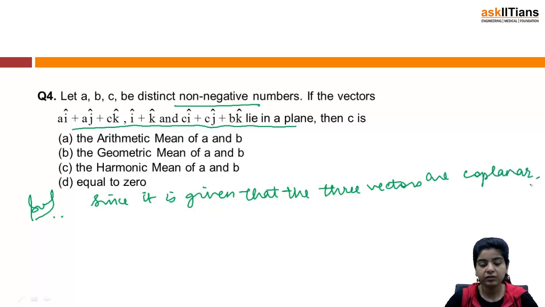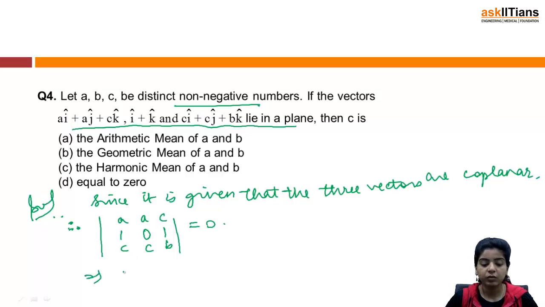Lying in a plane means coplanar, and therefore, if you remember, we have discussed this in lectures, in properties, the determinant with rows a a c, then 1 0 1, and then c c b, should be equal to 0. We have discussed this in properties, the condition for coplanarity of vectors. So again, this was the only trick involved in this question. If you know this result, then you can easily solve this question.